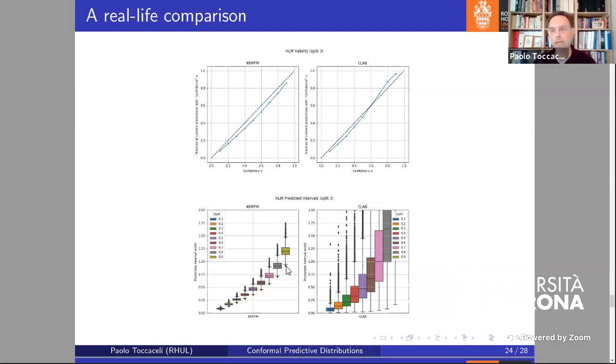The validity claim that I made before is theoretically backed, but under the assumption of independent and identical distribution of the test set and the training set. And this wasn't the case in this example.